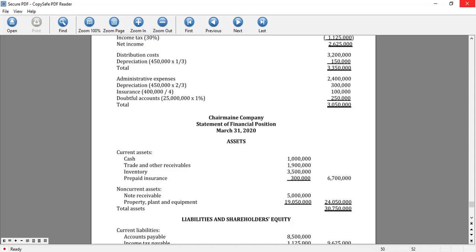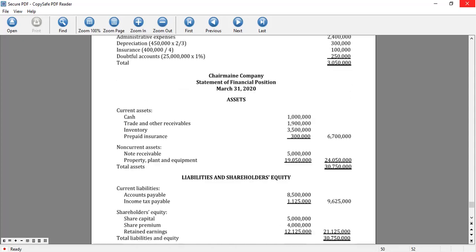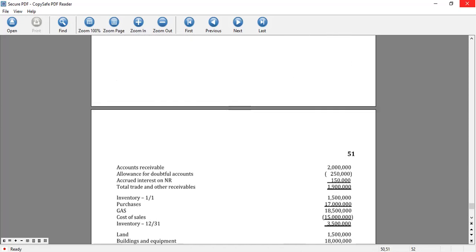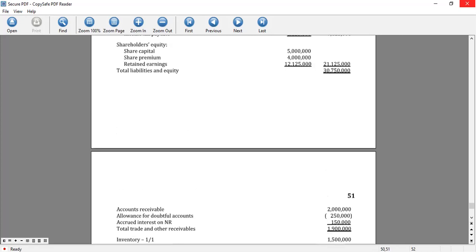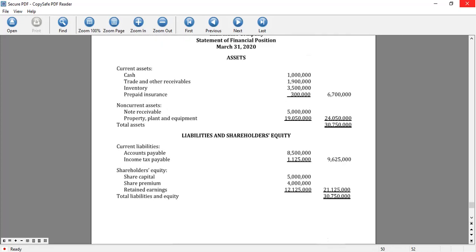That's the notes receivable, and we have now the property, plant, and equipment for 19,050,000: land 1,500,000, building and equipment of 18 million, and we deduct the accumulated depreciation of 450,000. So the net carrying amount or the book value of your property, plant, and equipment is 19,050,000.